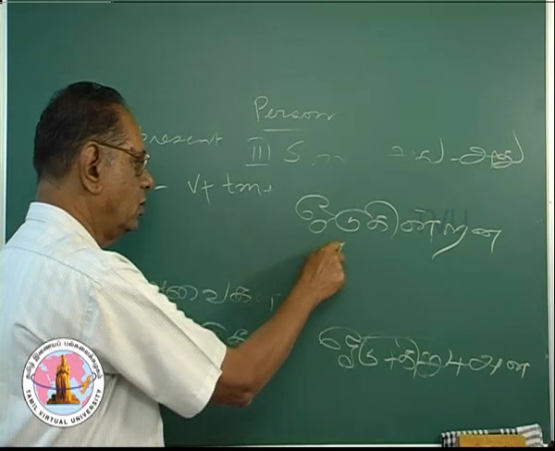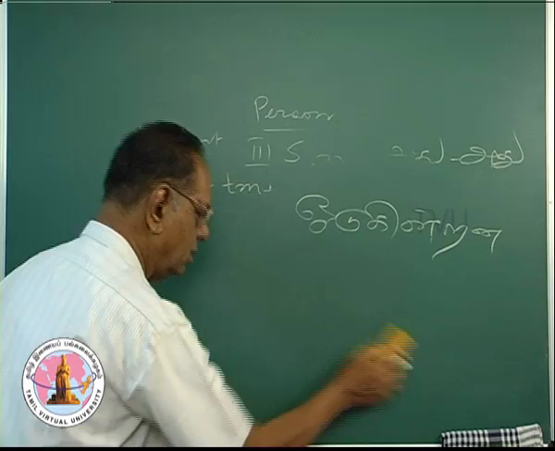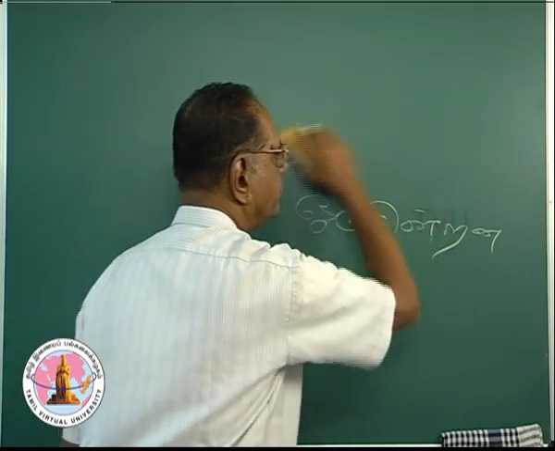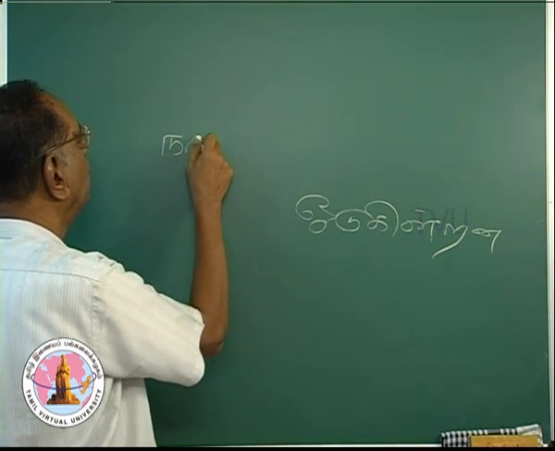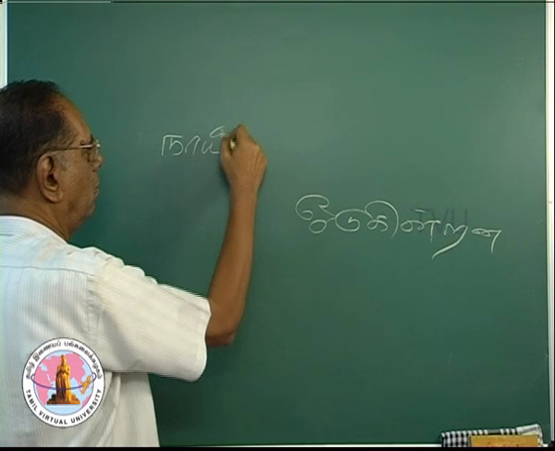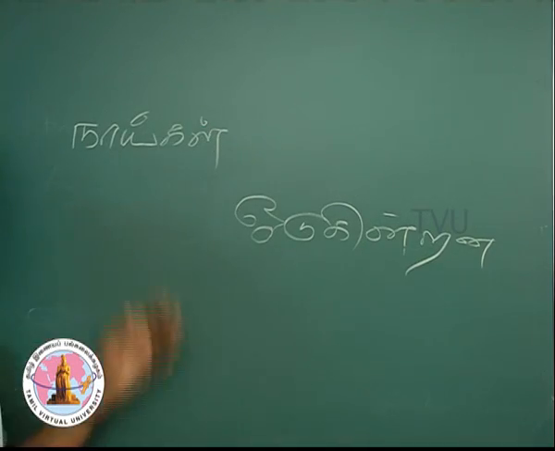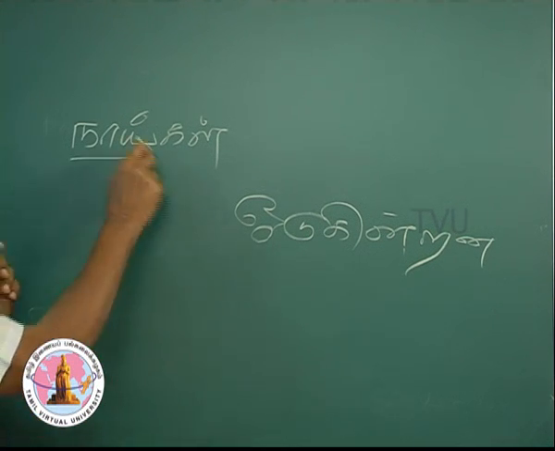The goats run. We shall make use of this opportunity and learn a few more verbs. நாய்கள். You know what நாய் is? A dog.